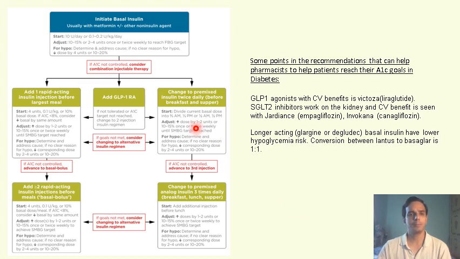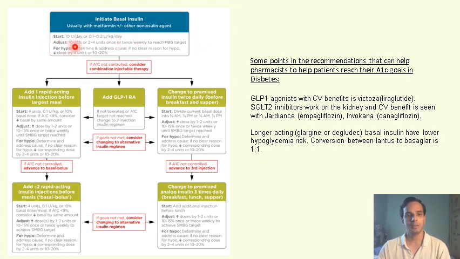If the patient had to be put on insulin, you would start with metformin plus a basal, long-acting insulin. You would start with 10 units per day, or depending on the hyperglycemic state, you could start with 0.1 to 0.2 units per kg per day.